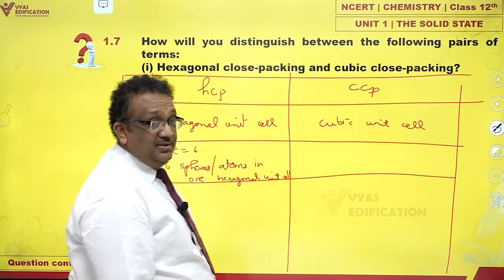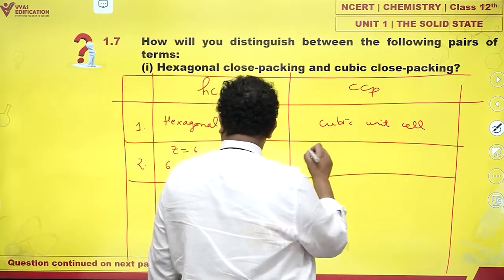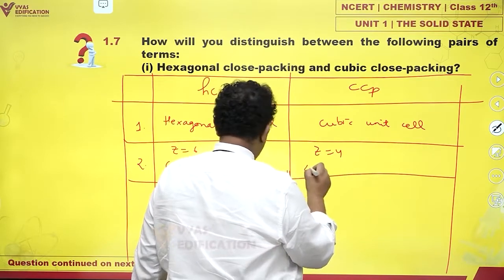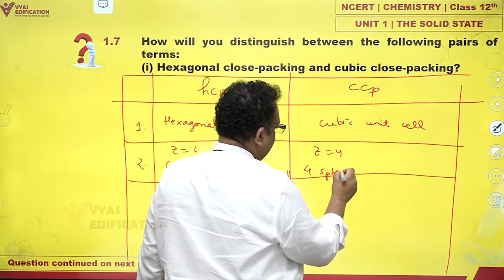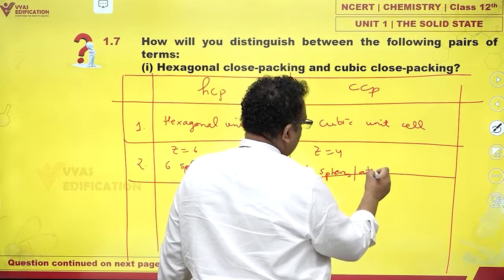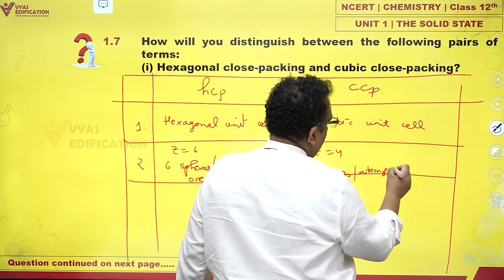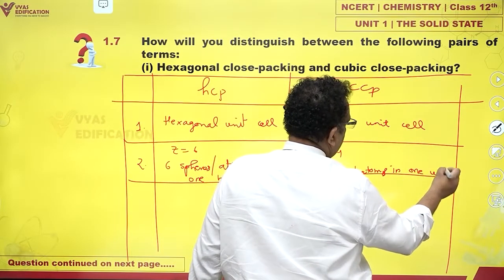And in this case, only 4 spheres, atoms, in one unit cell.